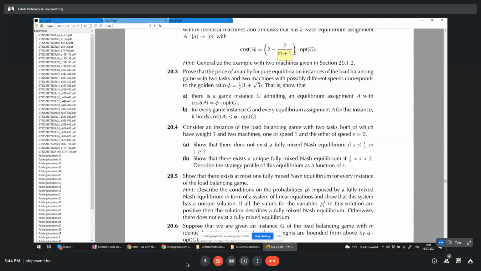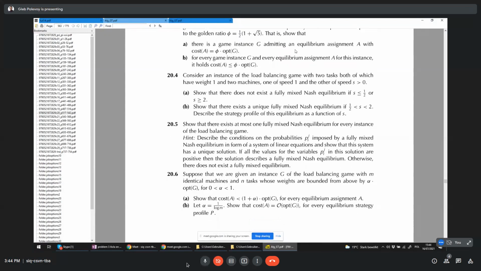But the idea I had is that it's an equilibrium. So what we want to show is that if the cost of an equilibrium were larger than this, then it's not an equilibrium. And we do that using the fact that all the tasks are small. That's the idea I had.